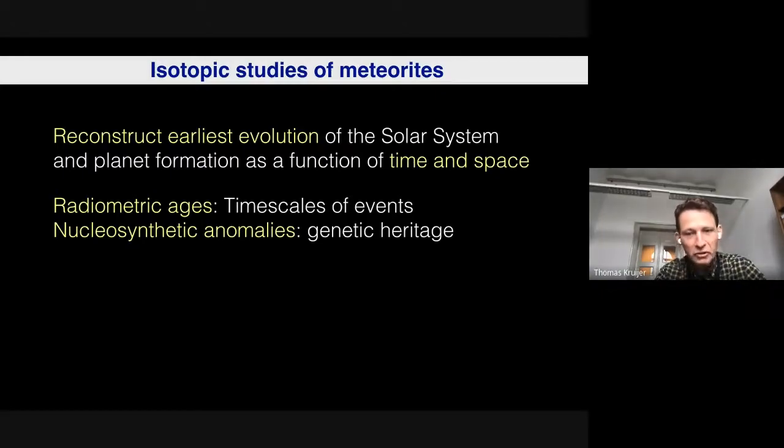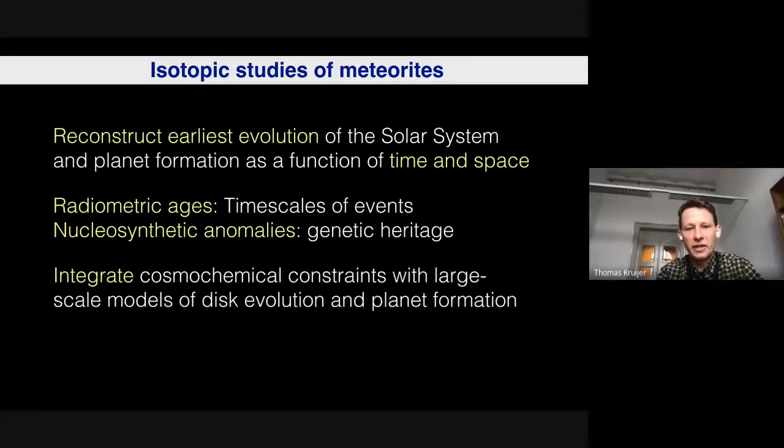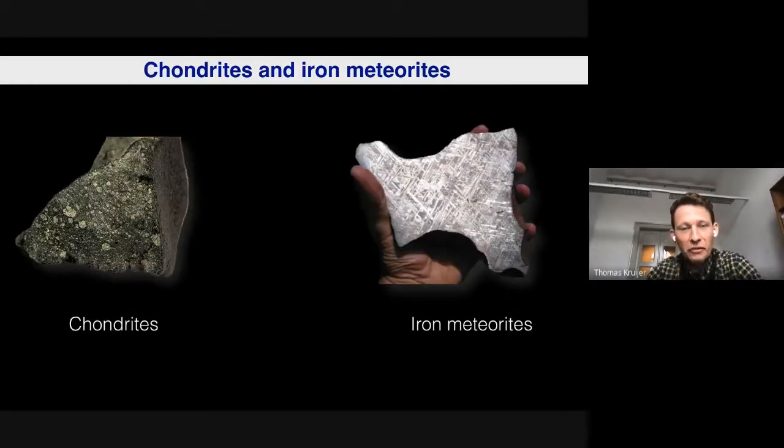And if you combine these two constraints, and also combine them with other observations and theory, we can integrate cosmochemical constraints with large-scale models of disk evolution and planet formation. That is kind of the ultimate goal. And particularly due to analytical advances over the last decade or so, this has become more and more readily possible.